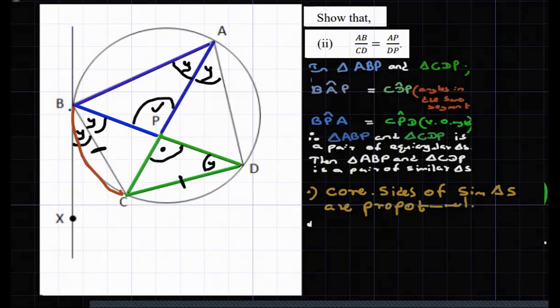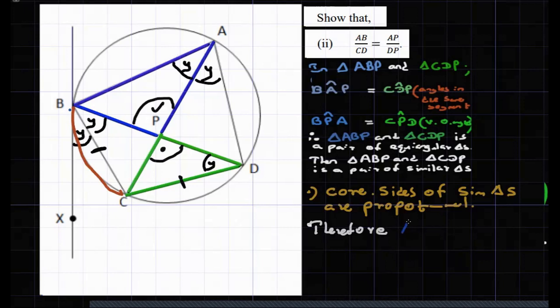So what does that mean? So therefore, right. So let's try the corresponding sides ratios.